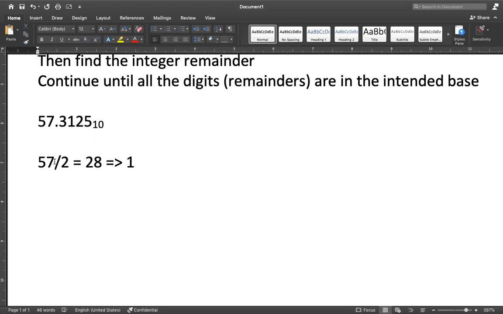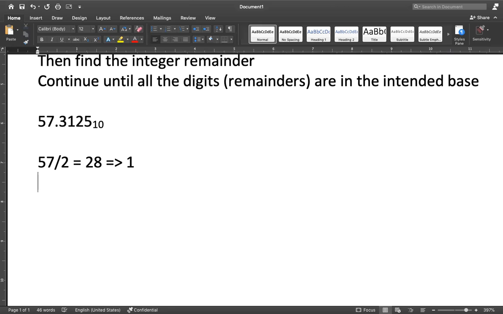Each party will get 28, and one will remain. You are not going to cut a cap into two parts and give one part to each team. Likewise with 57 vehicles divided into two groups, each group gets 28 vehicles, with one remainder. You can't give half a vehicle to one team. So this is integer division. Think about the integer part only, not the decimal part.